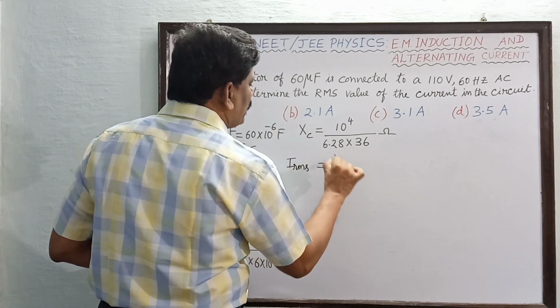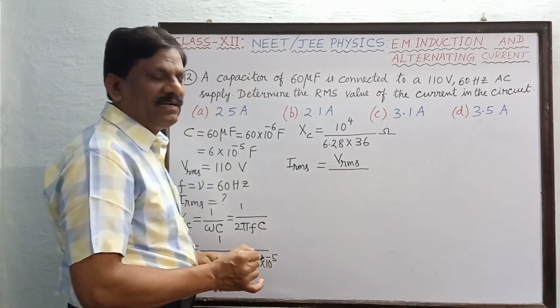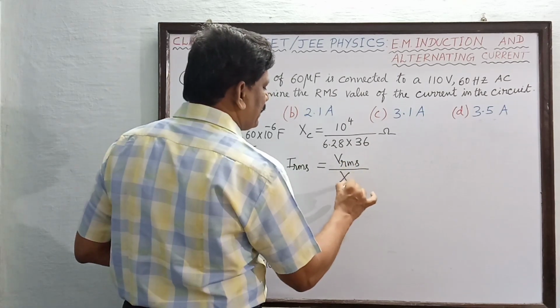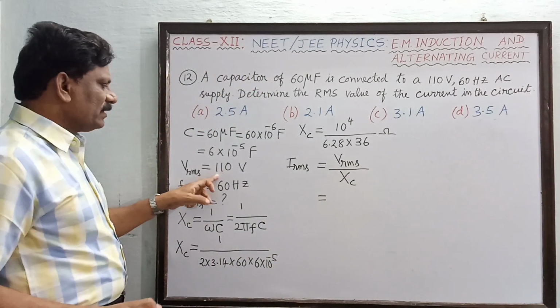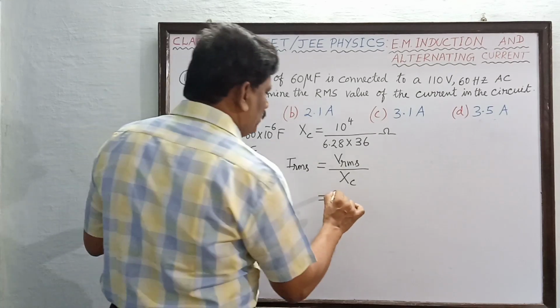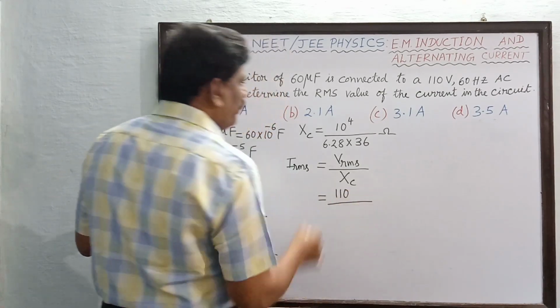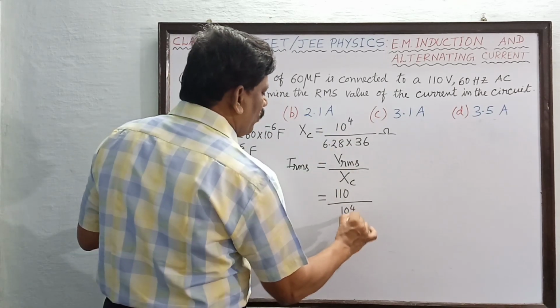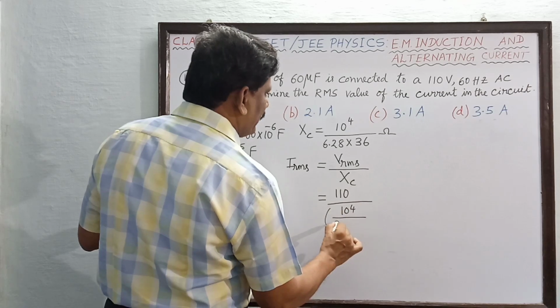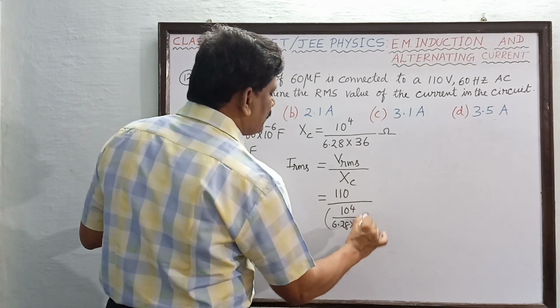Now I RMS is equal to V RMS divided by the resistance offered by the capacitor, that is Xc. V RMS is how much? 110 volt. So this is 110 divided by Xc. Xc is 10 power 4 divided by 6.28 into 36.